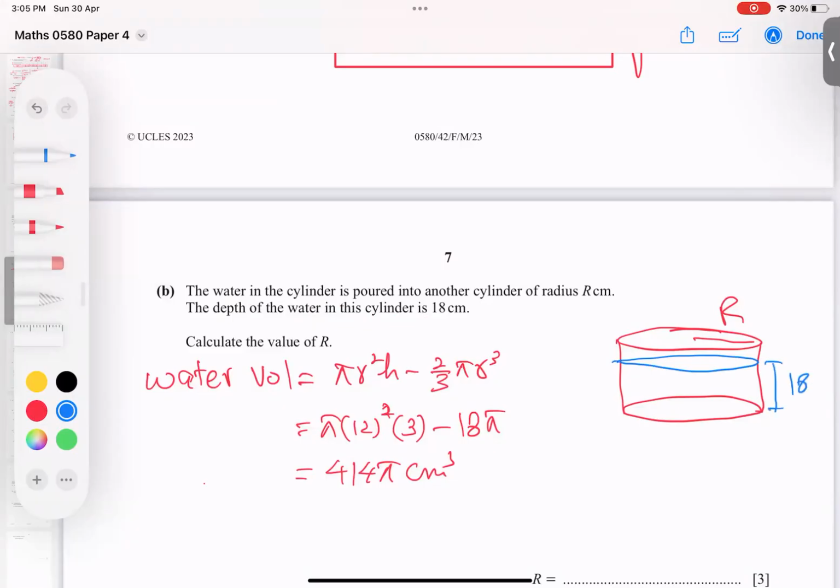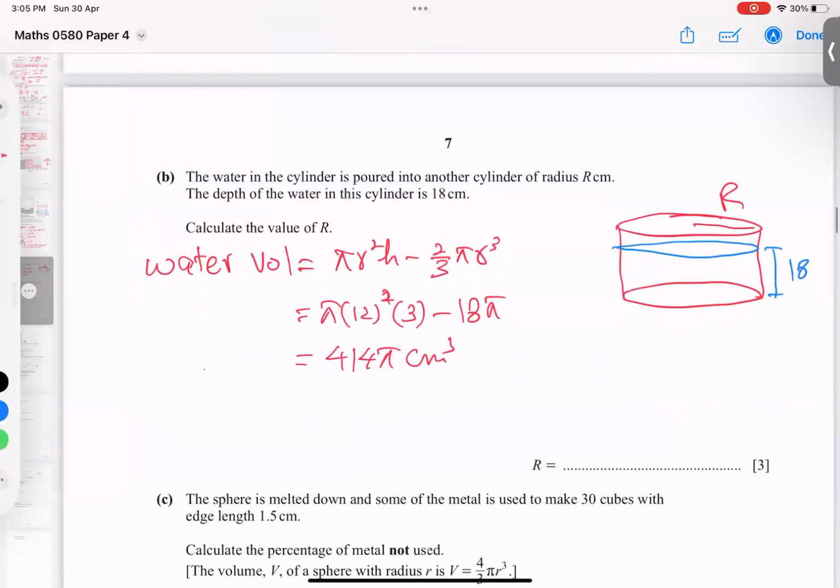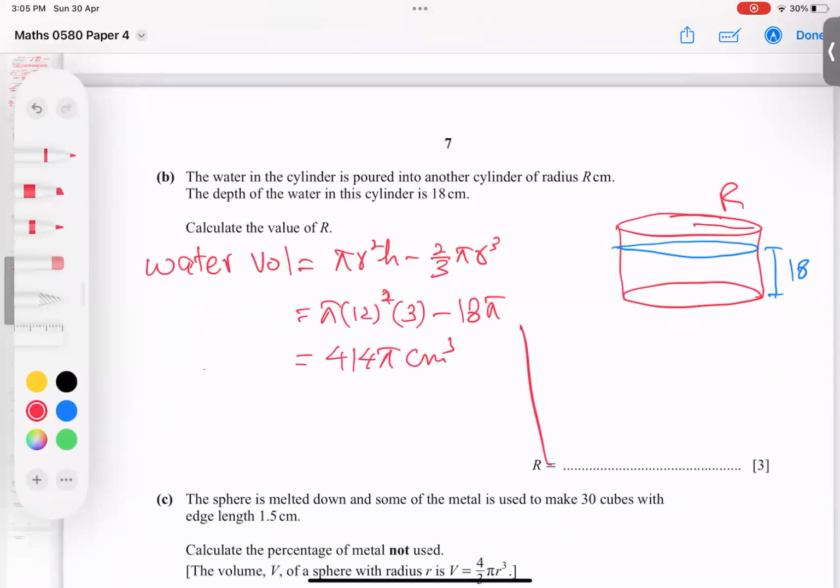He said when you pour the water inside, it is not fully packed, it is only some part. So the depth of water in the cylinder is 18. Find the radius, not a hard job. What is the volume formula of a cylinder, students? Pi r squared into h. This volume is coming here.